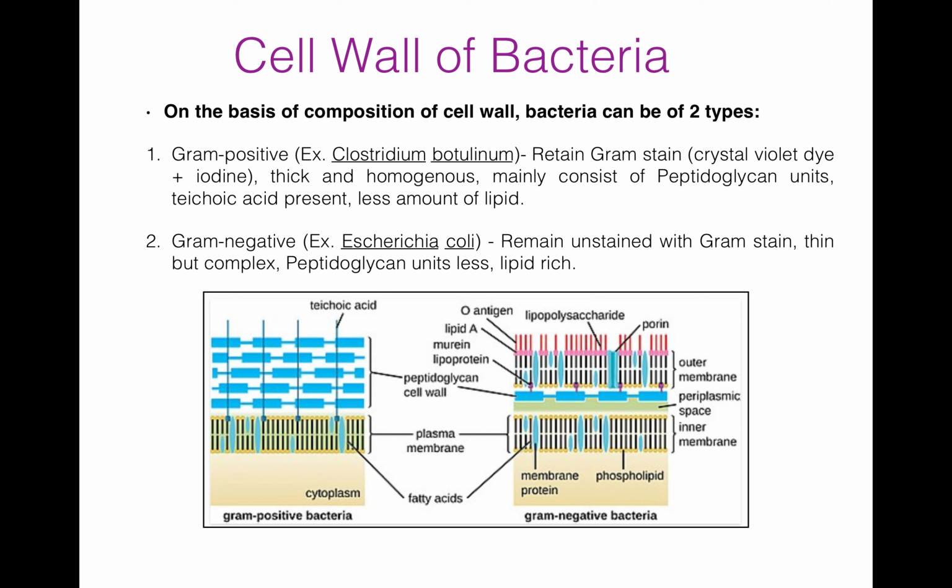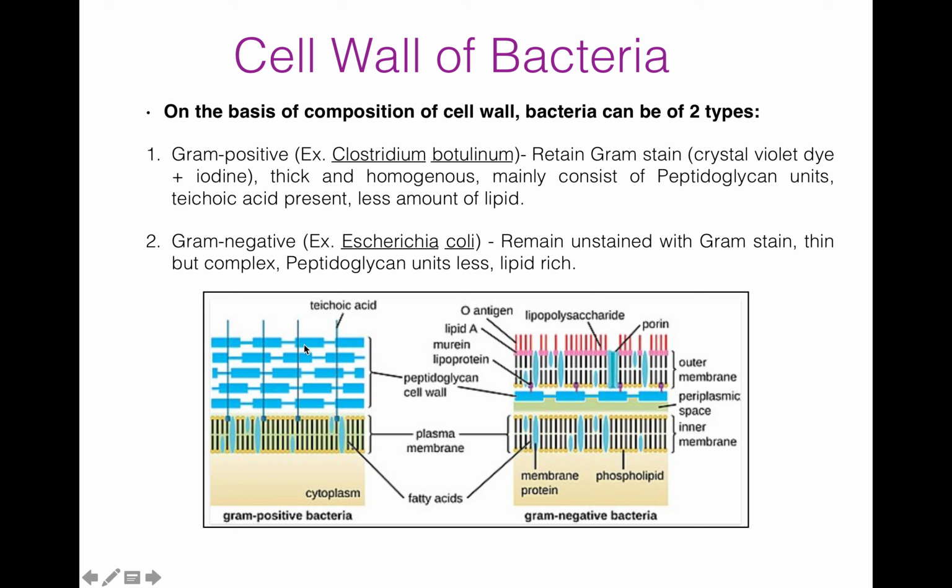The technique involves staining bacteria first with crystal violet or gentian violet and then with iodine solution. The group of bacteria that retain the color, that is crystal violet, after washing with alcohol is called gram-positive, whereas the group that loses the color on washing with alcohol is called gram-negative.